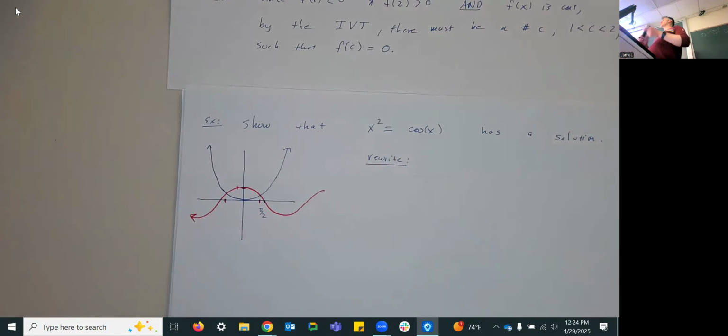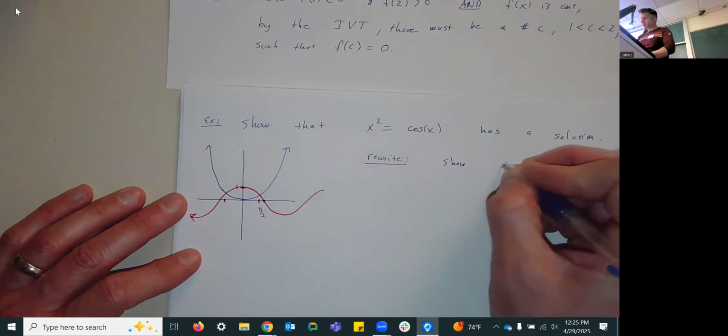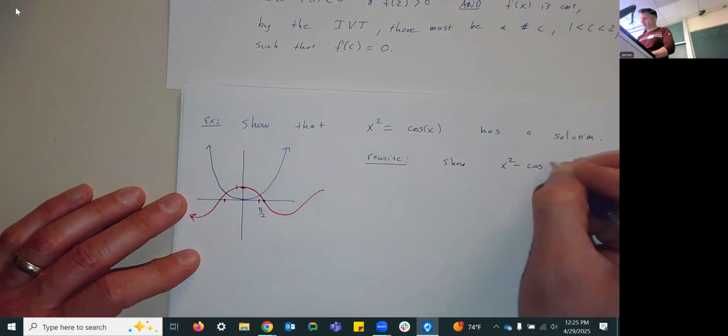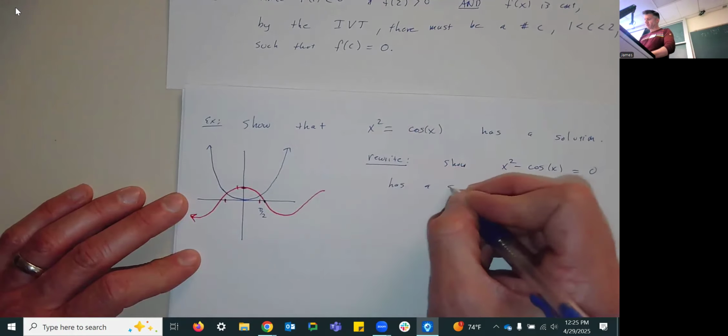You almost never want to show that two things are equal to each other somewhere. You want to show that something is equal to 0. It's almost always easier. So if you're ever trying to show some equation has a solution, rewrite it or reframe it so that we're trying to show that x squared minus cosine of x equal to 0 has a solution.